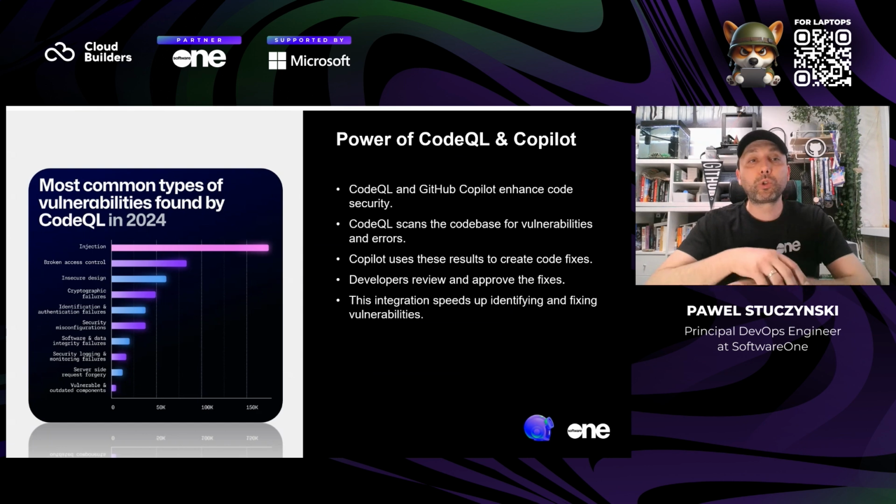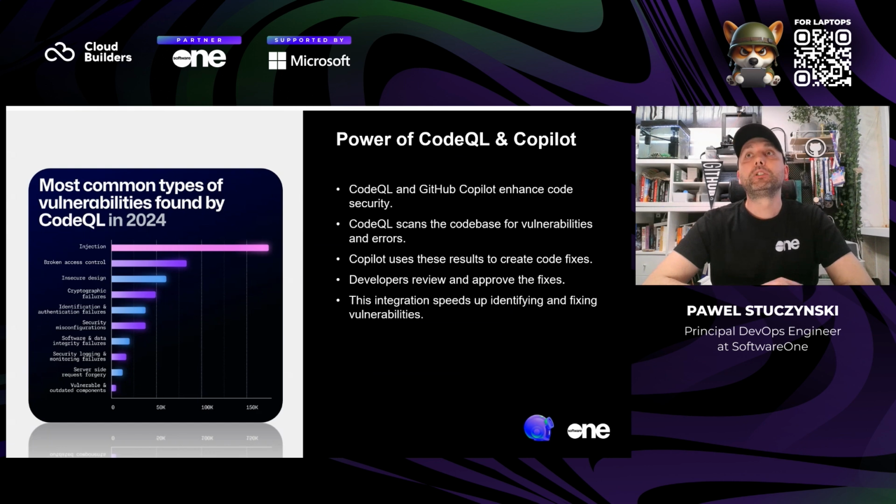So the combination of CodeQL with Copilot enhances code security by using the results of code scanning as prompt inputs for Copilot to create code fixes. CodeQL is another product of GitHub. It was invented years ago, and its method is describing how to scan code, how to find vulnerabilities in the code.